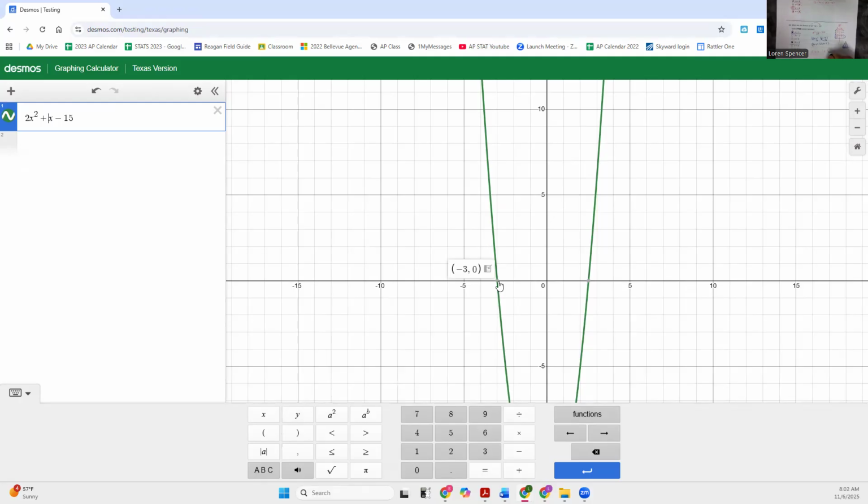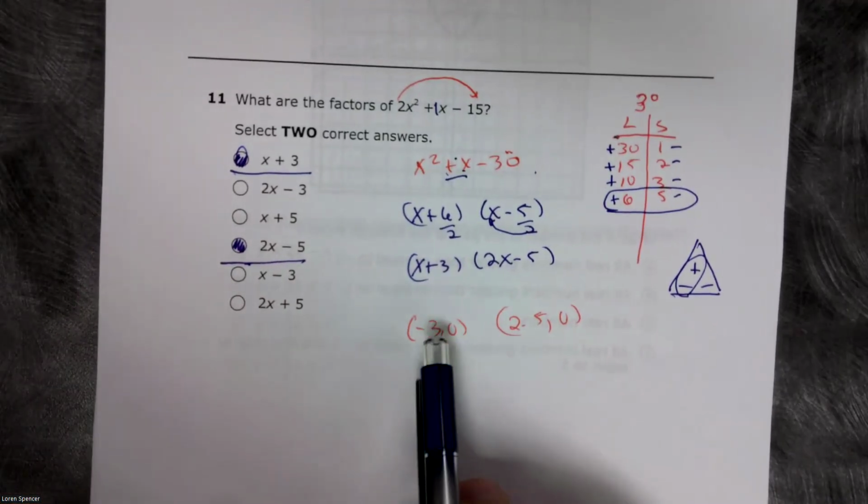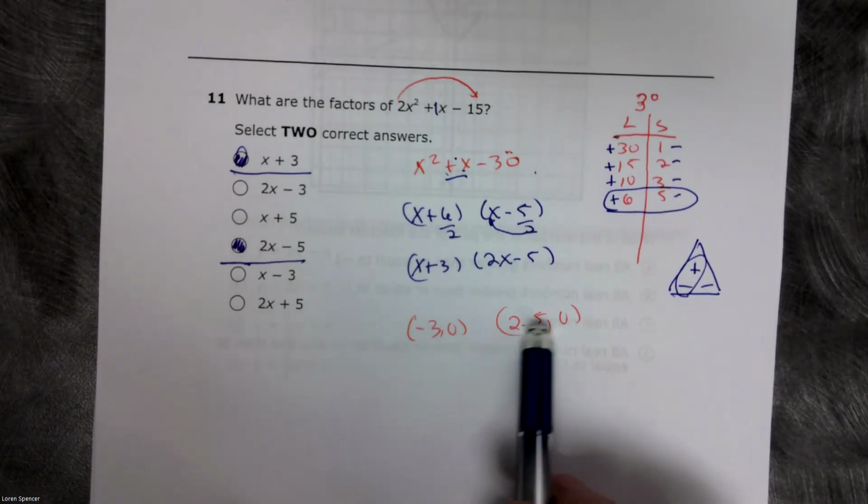Negative 30, you see that? And 2.5. Okay, so I'm going to stop the share. That's where we crossed. And all we really care about are these values here.